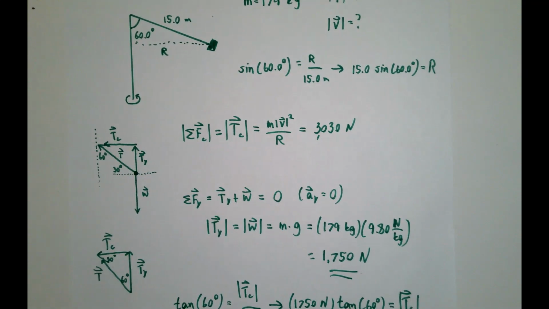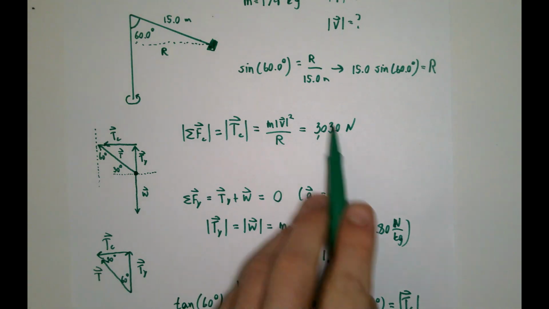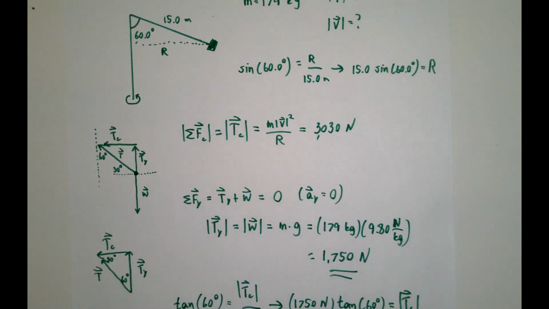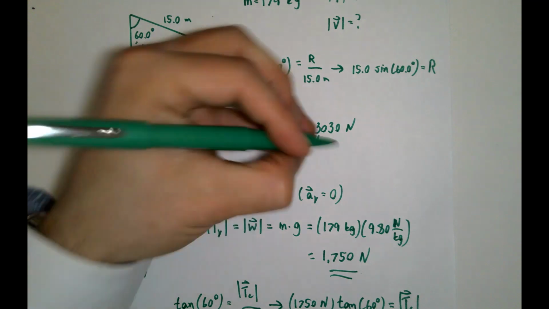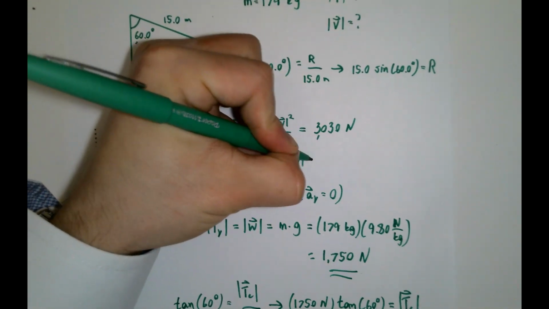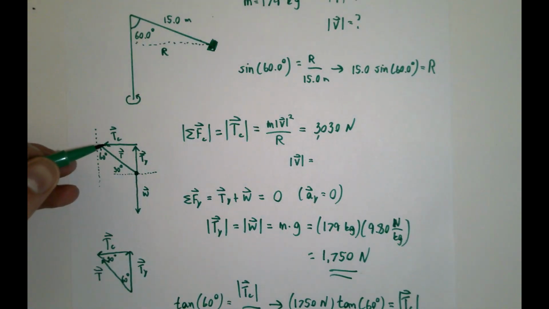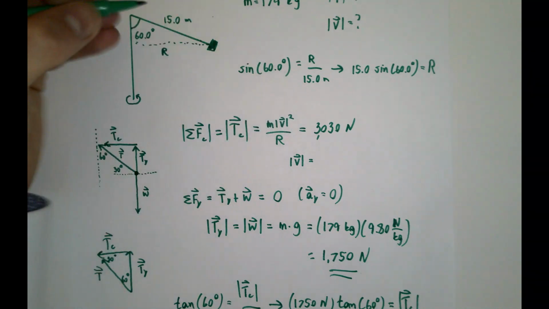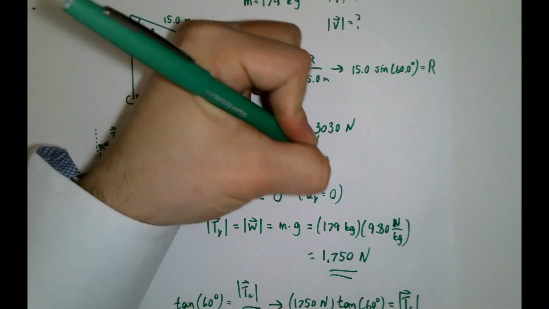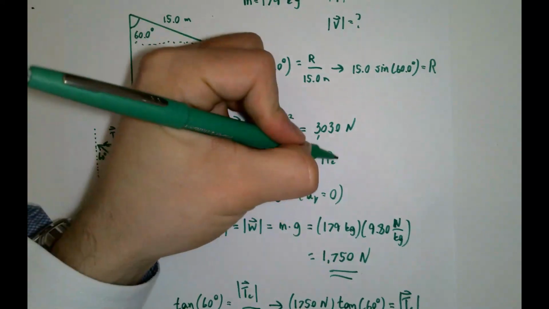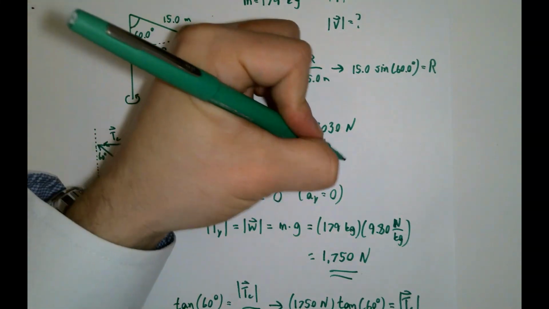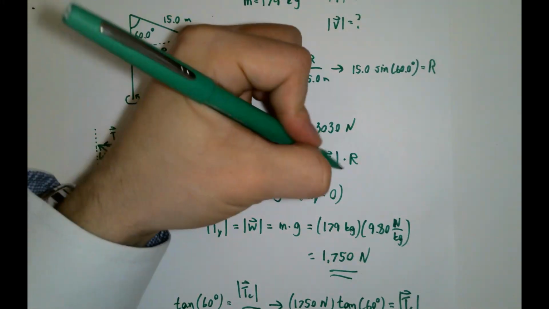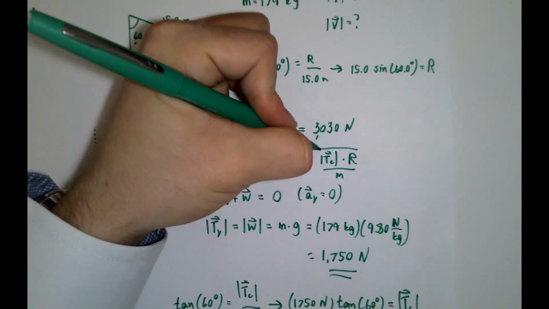I know the radius, I know the mass. I just need to rearrange this equation to find the speed. It looks like whatever my tension in C is that I just found, which is the 3030, times r divided by m, and then the square root of that quantity.